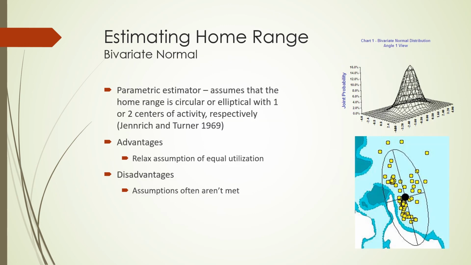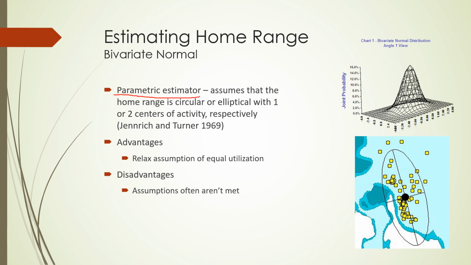The next approach that was used that really isn't used much at all anymore, but I'll talk about it because you will see it in the literature, is what's known as the bivariate normal home range estimator. This is what we call a parametric estimator because it makes an assumption about the distribution of the animal across the landscape.